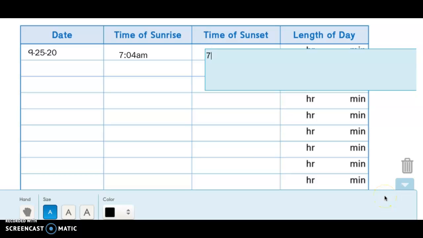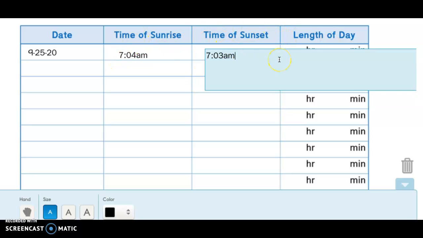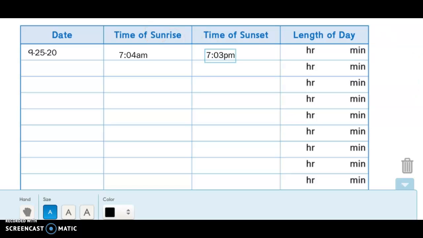And guess when it sets? 7:03 p.m. When does the sun set? P.m. Look at that. They are almost the exact same distance apart, right? They're the same hour, and they're almost the same number.